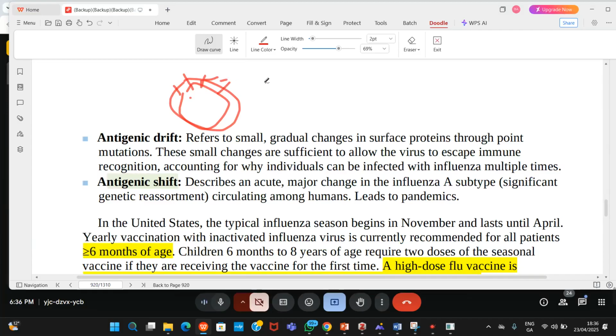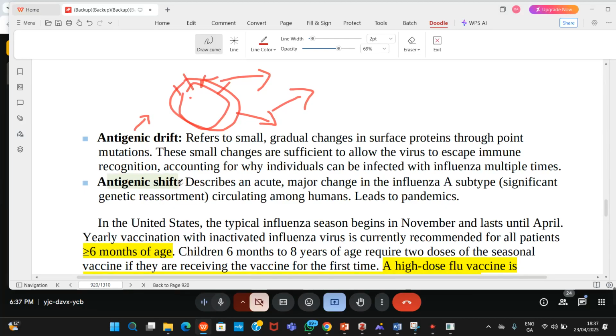It means that some people might not stay immune to that new virus, so they can have infection. Even someone who has been infected with influenza before can get infected again once antigenic drift happens, because the antibodies or T cells they formed against that virus might not be able to fight it. So they might get exposed again and get infected. That is antigenic drift.